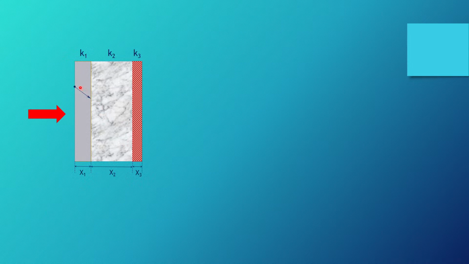So you have it penetrating through the first layer of the wall, then the second layer, and then the third layer. So there will definitely be a temperature drop across the layers.